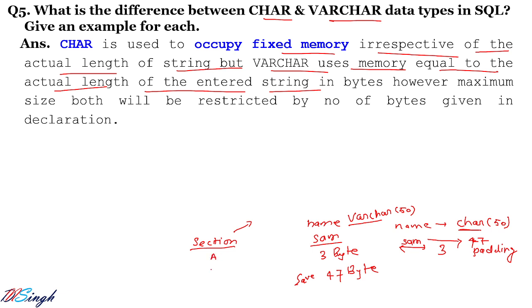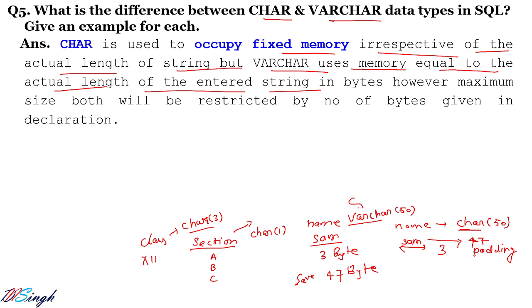Like A section, B section, C section. So I can declare it as char 1. Like a class column, here schools have up to 12th class, so we can say char 3. For such types of columns where variation in the data is very small, or the data is always going to be of a fixed size, we are going to use char.